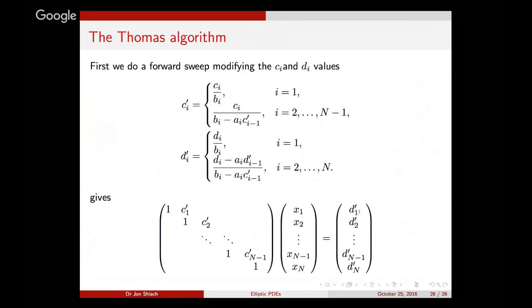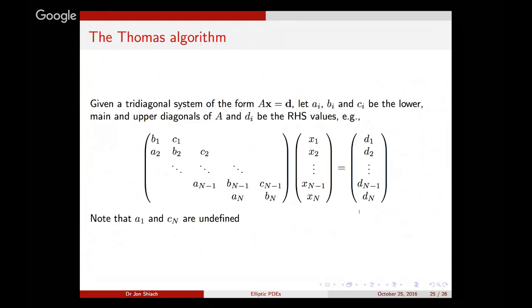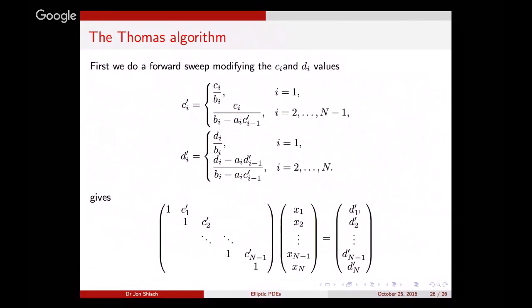What we do is we change the values of C and D. For the first row, we change the value of C so it's C1 over B1. For all other rows, we change the values of C using that expression, and we do the same for D.